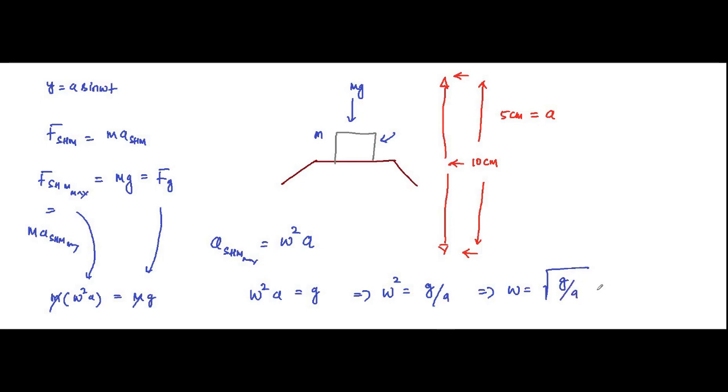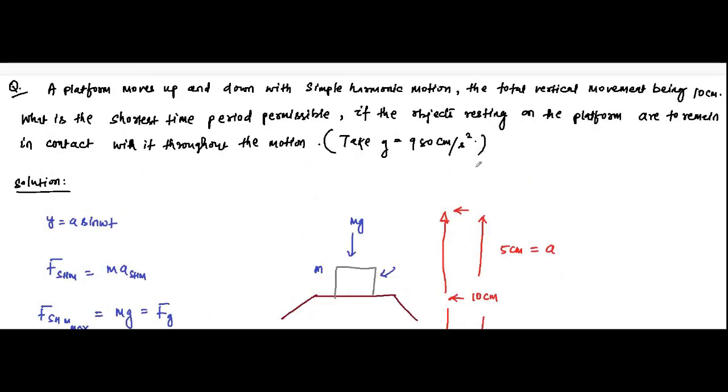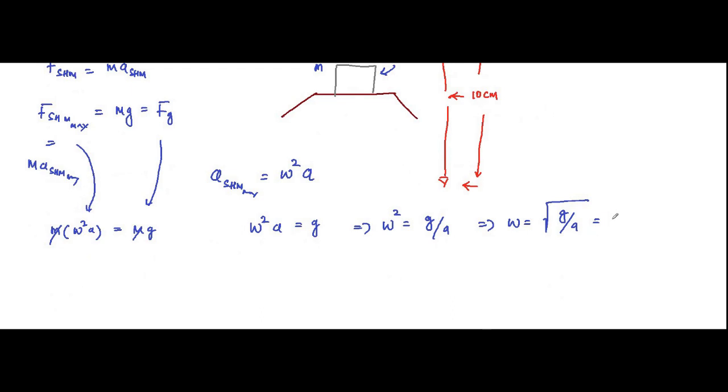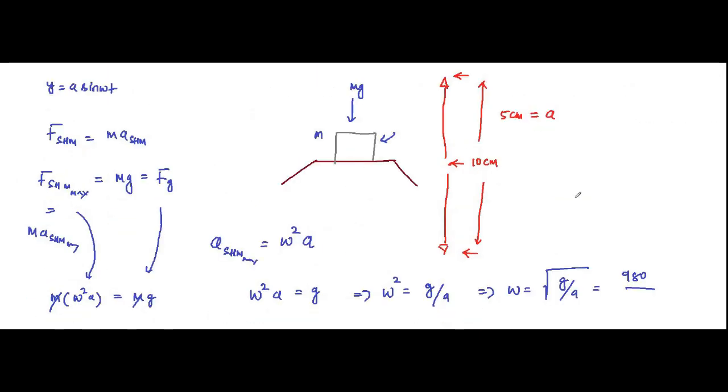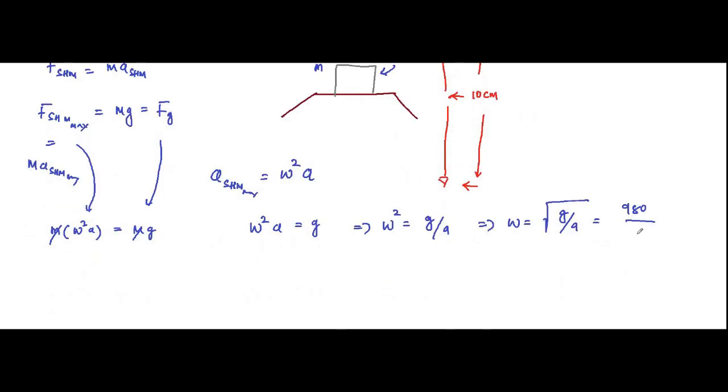Now we have been given the value of g as 980 centimeters per second square. a is 5 centimeters, which we determined because the total vertical motion is 10 centimeters, 5 centimeters on either extreme side. So omega is root over 980 by 5. That is equal to how much?